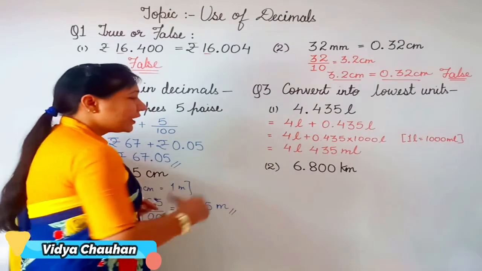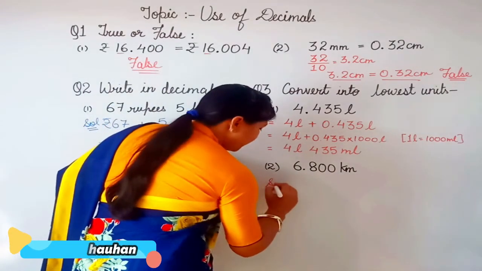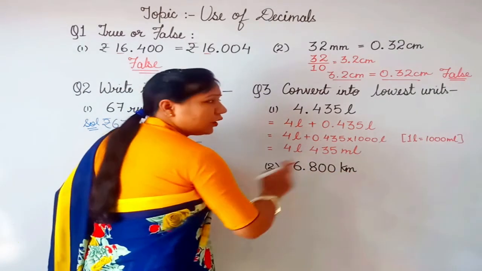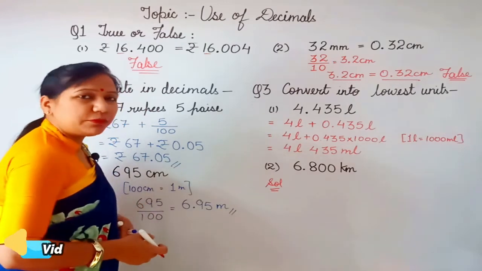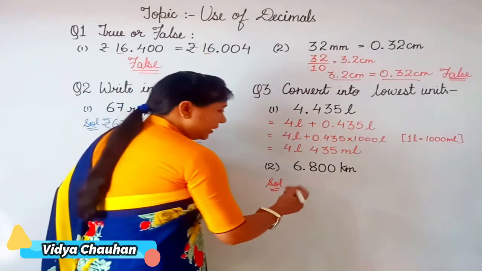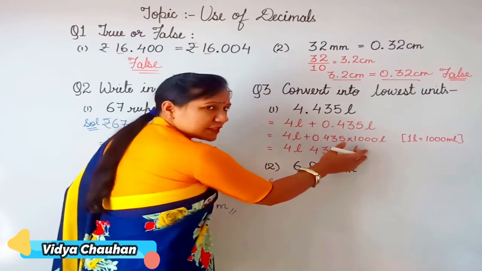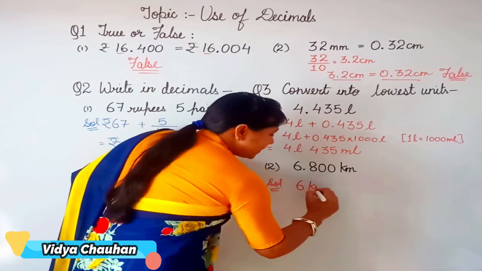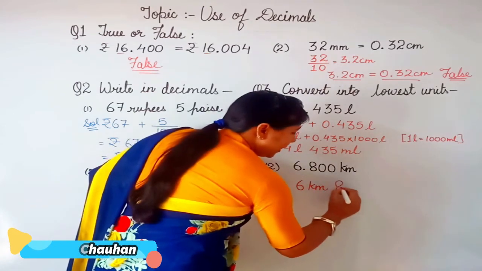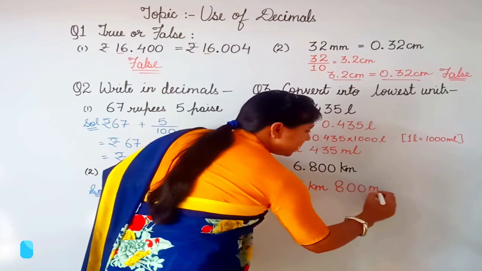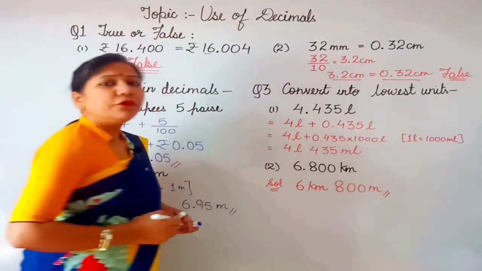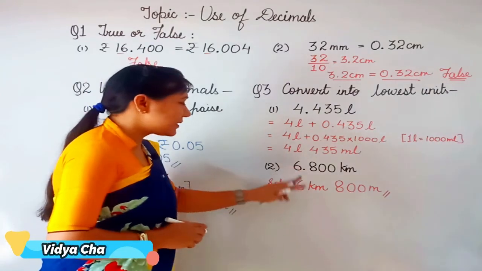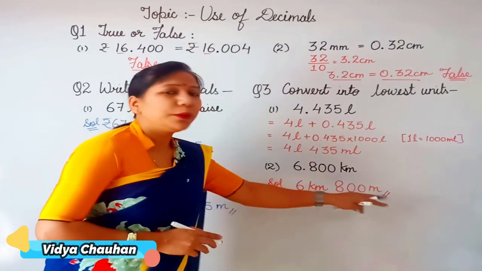Coming to the second part, you have to write 6.800 kilometers in its normal form, that means lowest form. Either you go step by step, or you can just write it as 6 kilometers and 800 meters. That is your final answer for 6.800 kilometers.